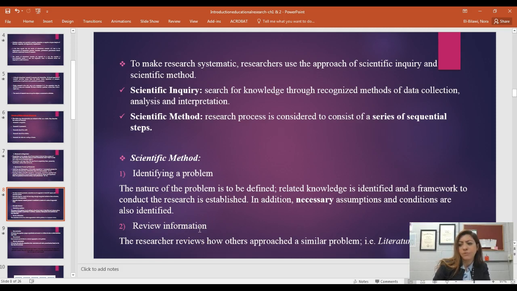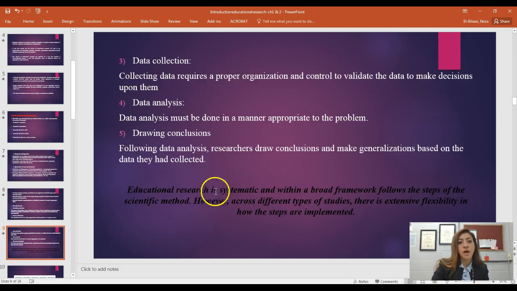What is out there in the research? So I read articles that have a relation to my problem or my questions. After I do that, I want to show the uniqueness, of course, of my research. How is my question different, or the way I'm going to tackle these questions or problem different from the others?